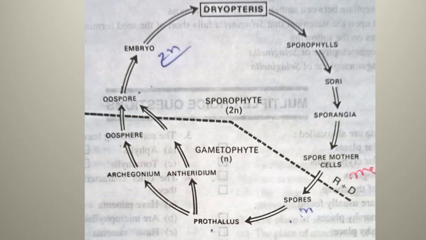Sori are present on the leaf, and the sporangium is responsible for forming the spores. That sporangium is present inside the sori, and the sori is a cluster of sporangia. The meiospore is formed, and that meiospore is responsible for the production of the gametic prothallus. That gametic prothallus has archegonia and antheridia, the female and male organs, and they are responsible for the production of the gametes.